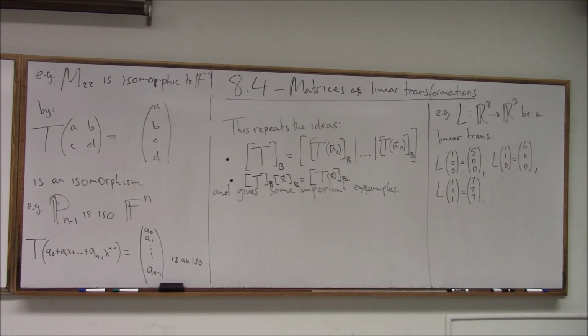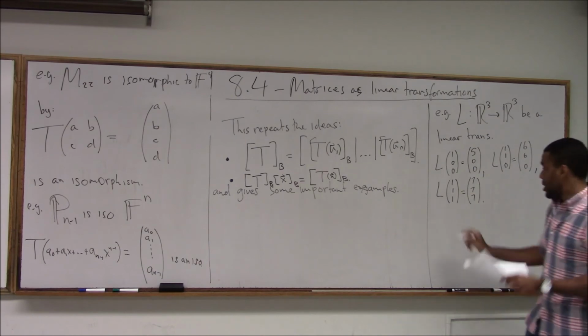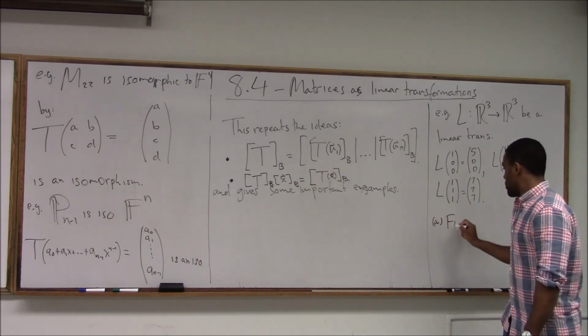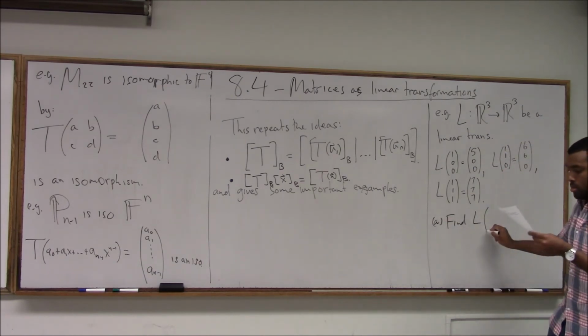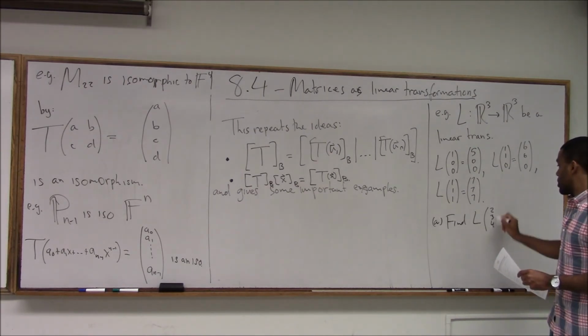So we're given a linear transformation from R3 to R3. If I plug in this vector, that's the output. Plug in this vector, that's the output. Plug in this vector, that's the output. And part A says find L of 2, 3, 4.